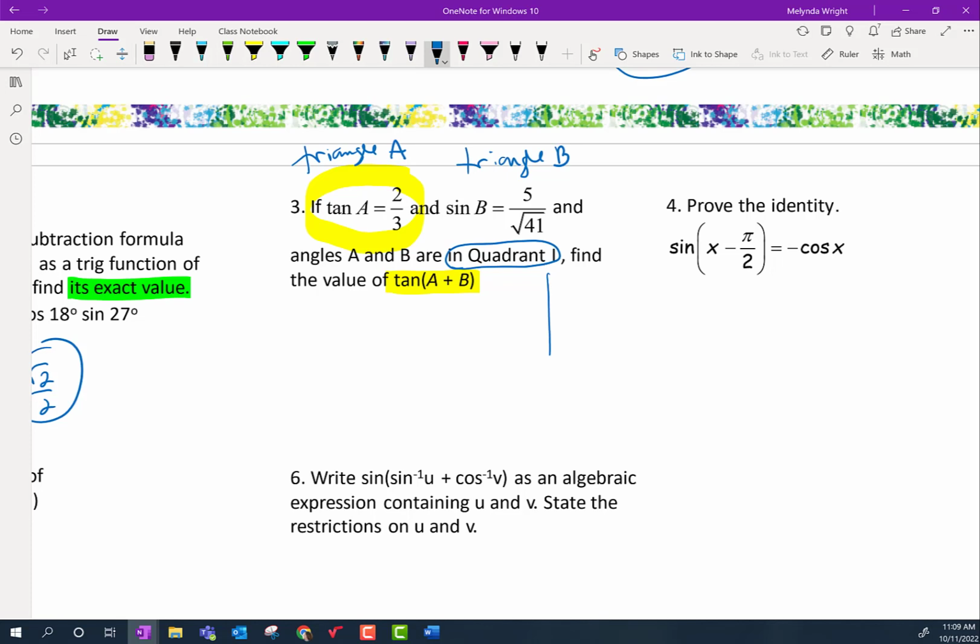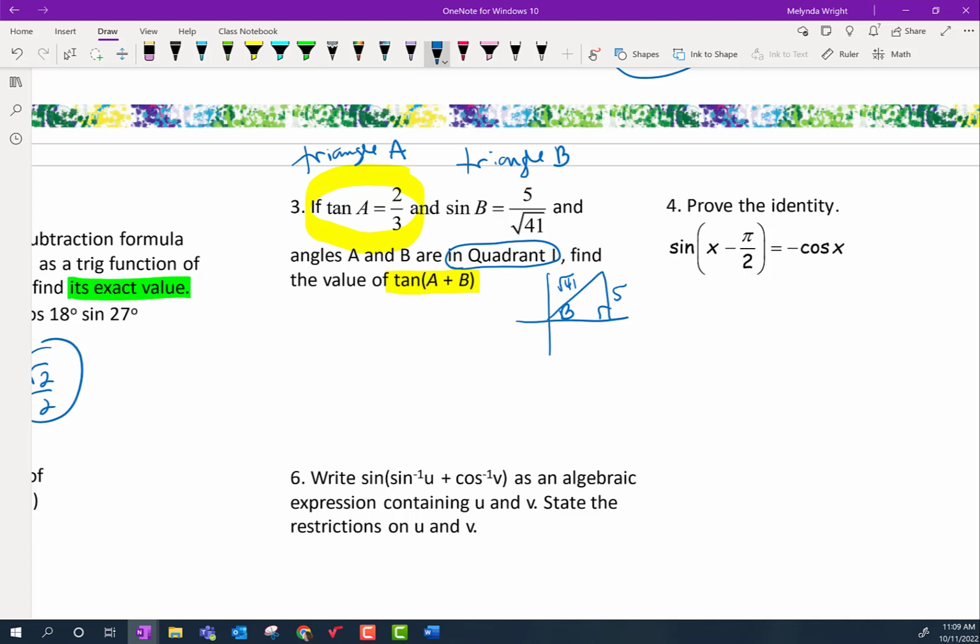And we're in the first quadrant. Okay, so here's my triangle B. This is angle B, and sine is opposite over hypotenuse. Now this should feel a little bit familiar. Do we remember working with triangles in previous lessons? This should feel comfortable, like we've done this before, because we have.